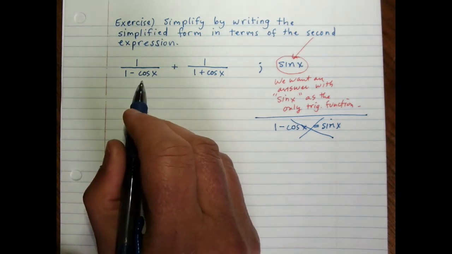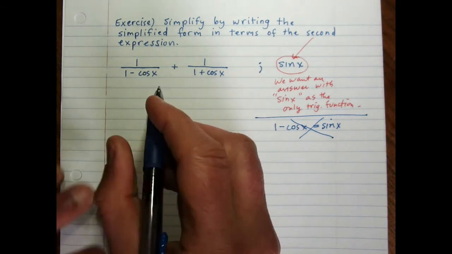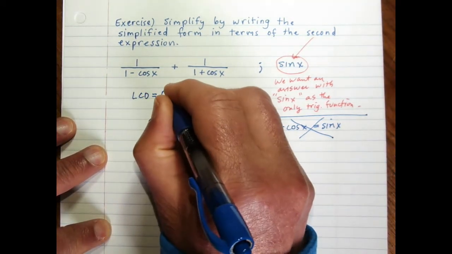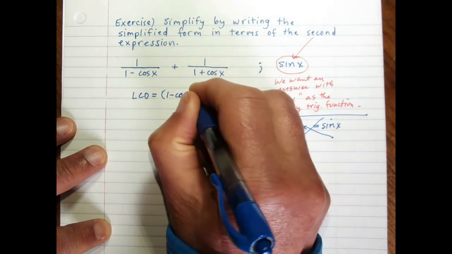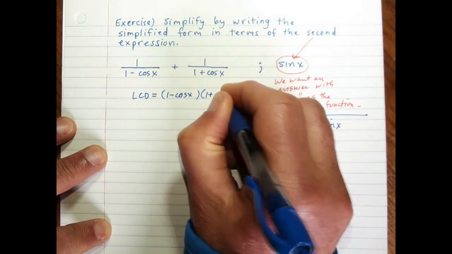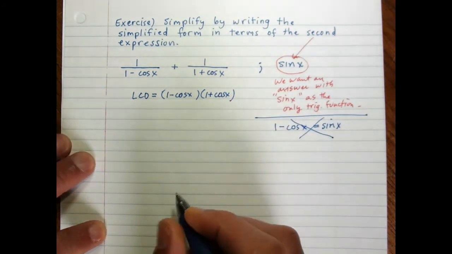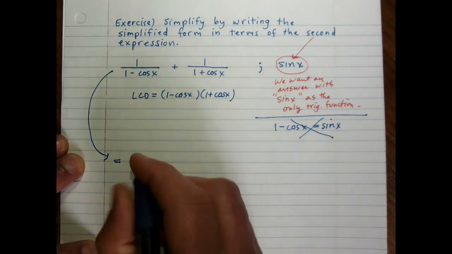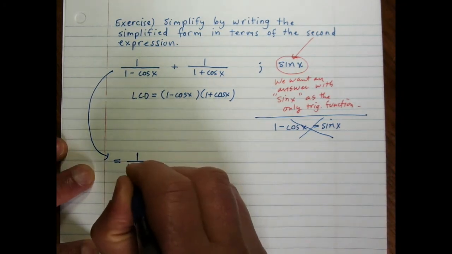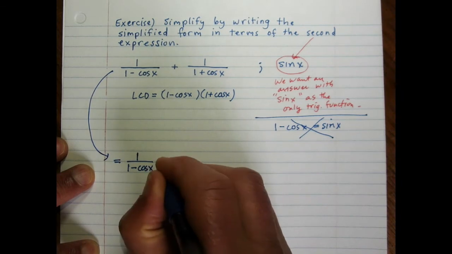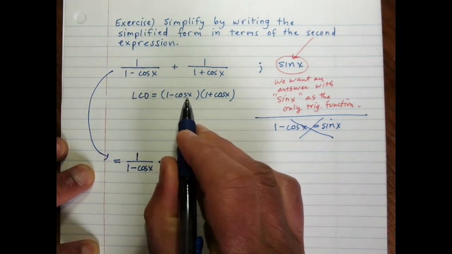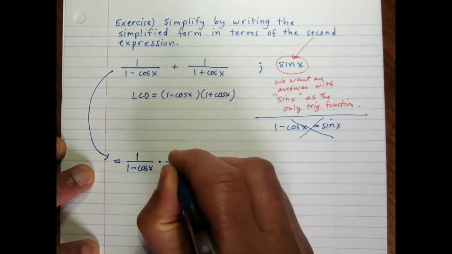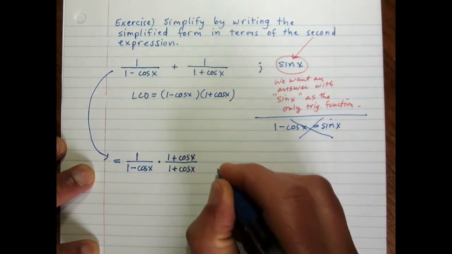All right, so we don't have an easy way to just stick a sine x in here. What I'm going to do is find a common denominator. And it's going to be messy because I have to take 1 minus cosine x times 1 plus cosine x as my common denominator. Then I'm going to rewrite these fractions using the common denominator. 1 over 1 minus cosine x: to get the common denominator, I have to multiply by 1 plus cosine x below, and so I have to do the same thing up above.